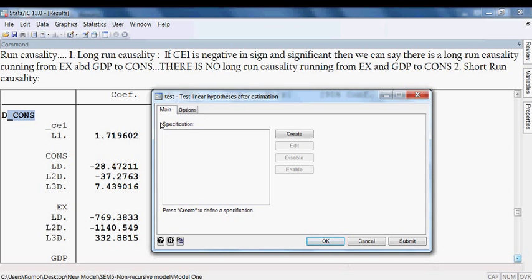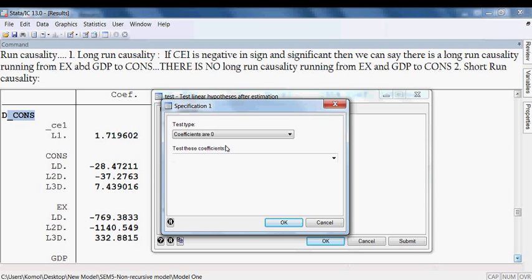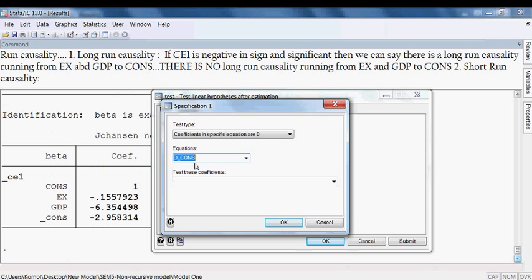We have to create some specification. I create. Okay, here I select coefficient in specific equation are 0, and here our equation is D.cons, right? You can see D.cons is actually our dependent variable, right? And test this coefficient.